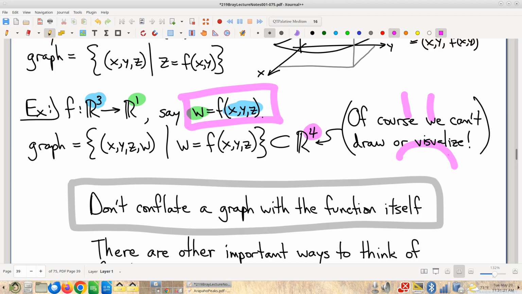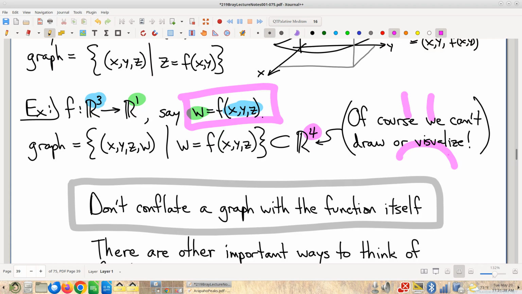You can't draw that picture. You can't really visualize that picture. Maybe in some weak sense, perhaps, even then, I think it's pretty hard.